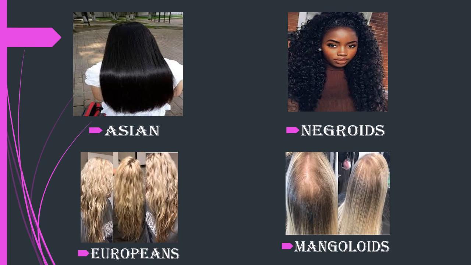The hair color, amount and texture have familial and racial characteristics that are genetically determined. Asians tend to have straight hair, Negroids black curly hair, and Europeans wavy hair. Mongoloids have sparse facial and body hair.